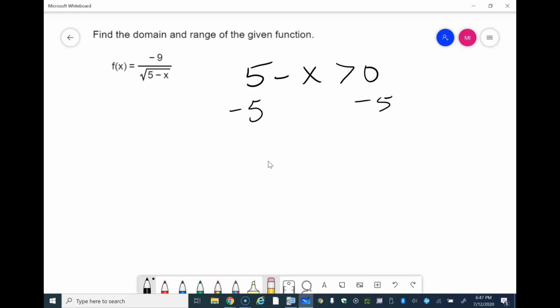Subtract 5 on both sides. That cancels. We have negative x is greater than -5. There's an understood 1 in front of the x, so to get rid of this -1, we divide both sides by -1, so that this will cancel and we have x.